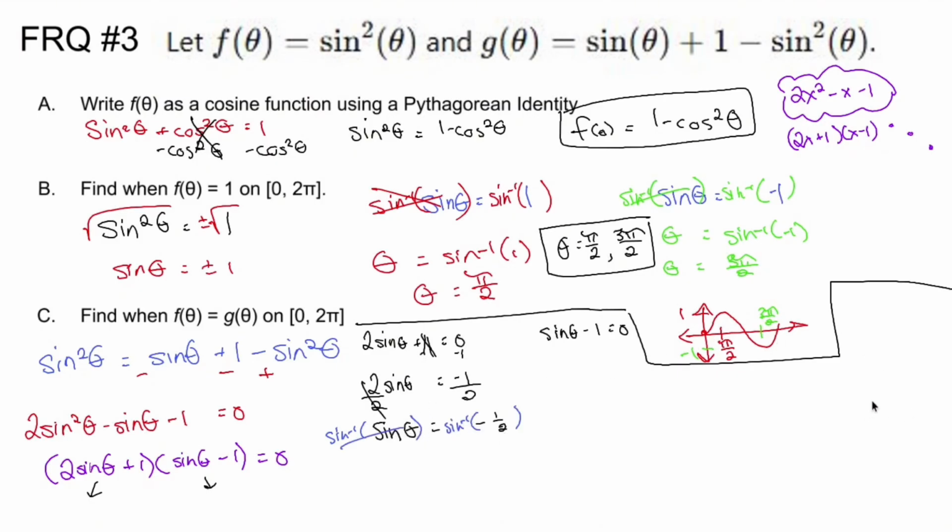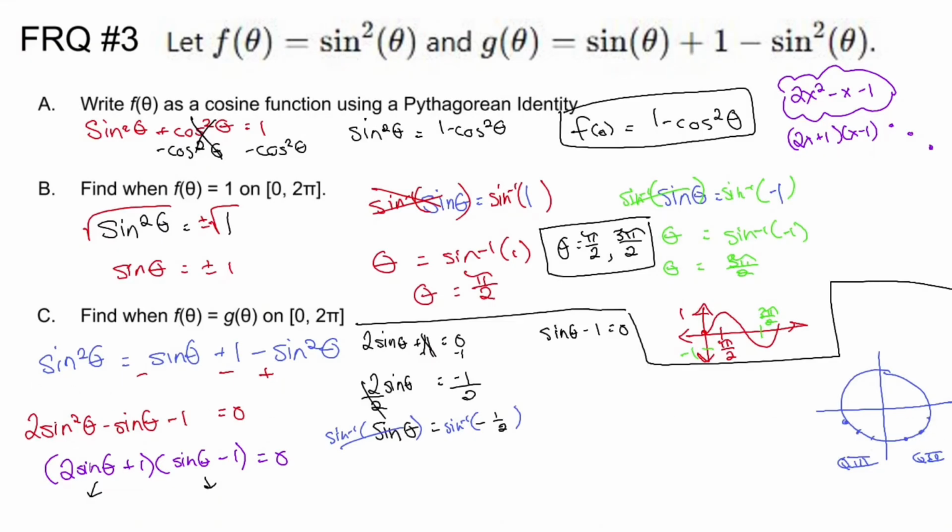And now my job is to make a unit circle over here and try to find out what happens when the y value is negative 1/2. Now, if a y value is negative 1/2, that's going to happen in quadrant 3 and quadrant 4. Negative 1/2 is going to be, and again, this is the y value, you have your dots here and your dots here.